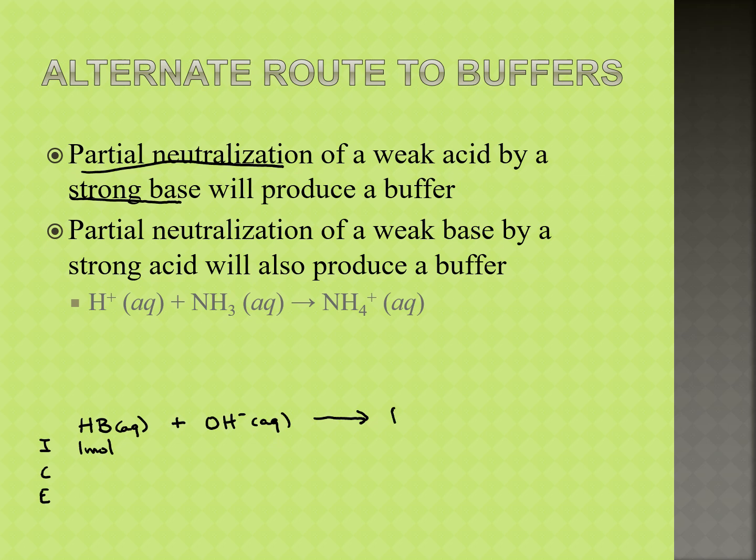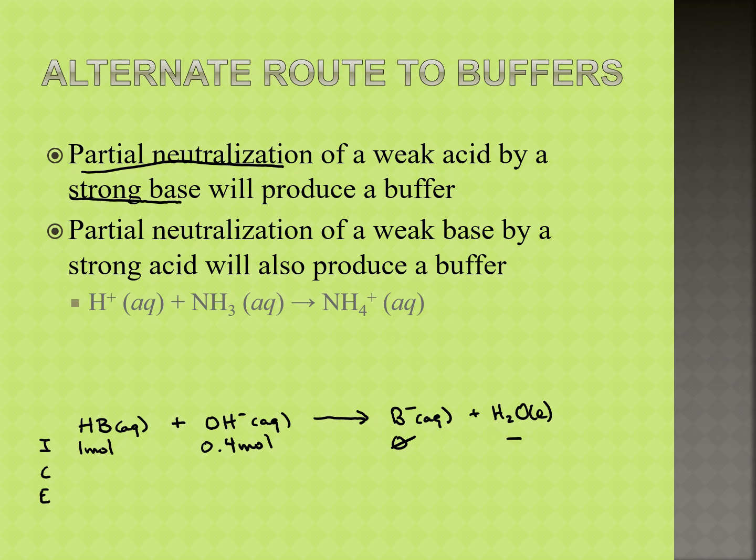They're going to form B minus, that's the conjugate base of that acid, plus some water. What if I had 1 mole of weak acid, and to that I added, say, 0.4 moles of strong base?